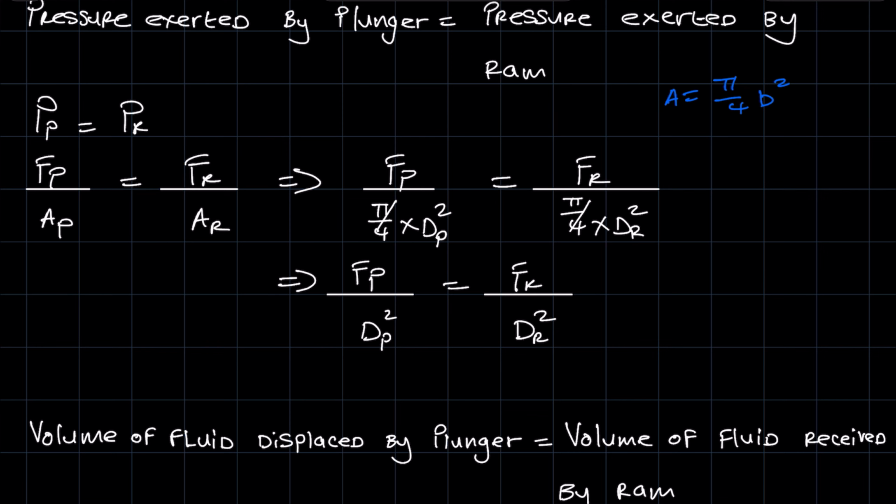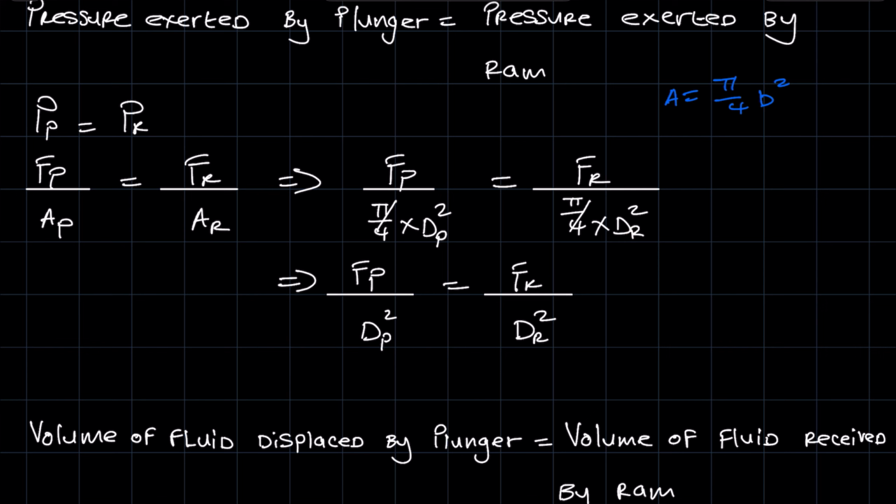Now we can further expand this formula. We did say the area of either of the pistons will be the area of a circle. So for the area of the plunger piston, we use pi over 4 times dp squared. The dp stands for the diameter of the plunger. Similarly on this side, the dr stands for the diameter of the ram.